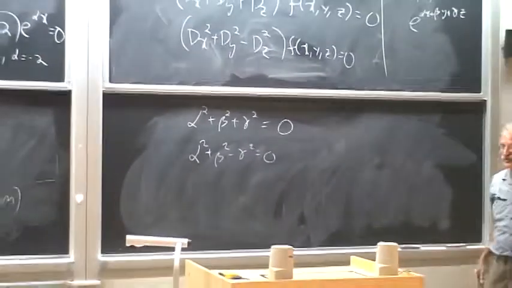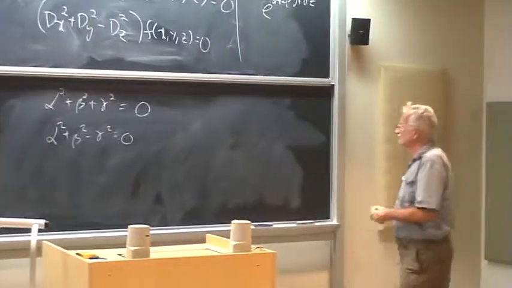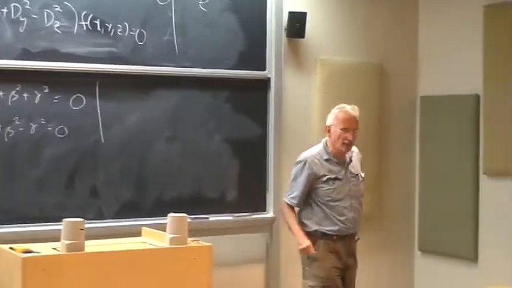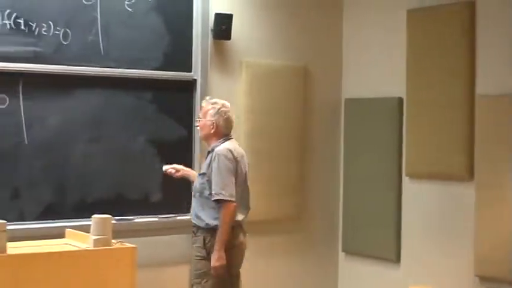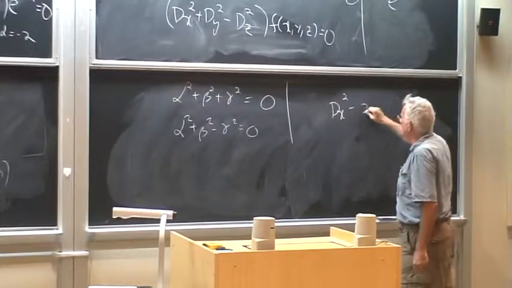So you can find lots and lots of solutions. But you want to find all the solutions. So there's even a problem in one dimension, reminding you. For example, you want to solve this differential equation.